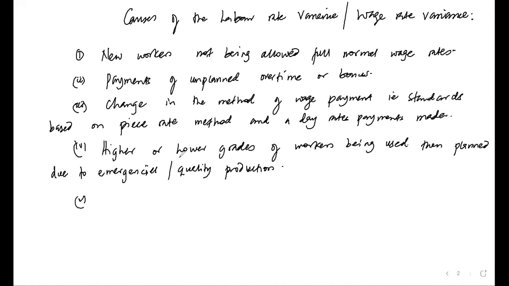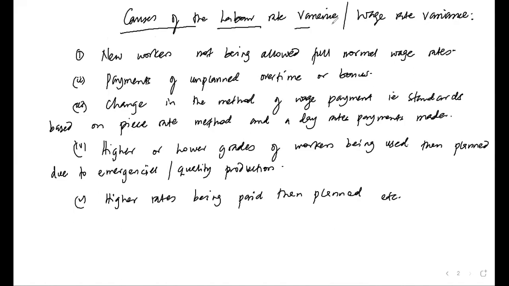Then I can also look at higher rates being paid than planned, etc. So those are some of the causes of the labor rate variance or the wage rate variance, plus many other causes that you may find.